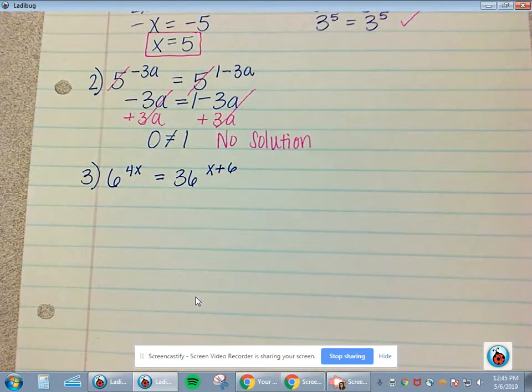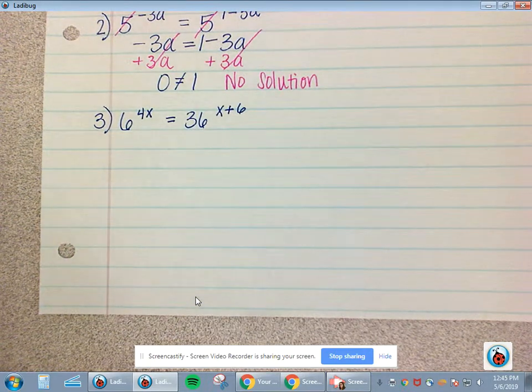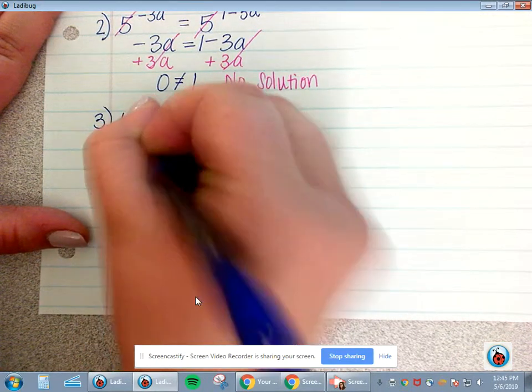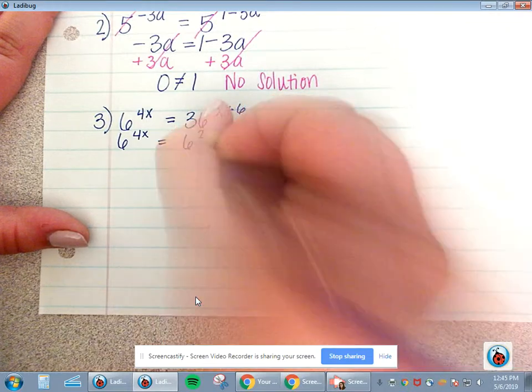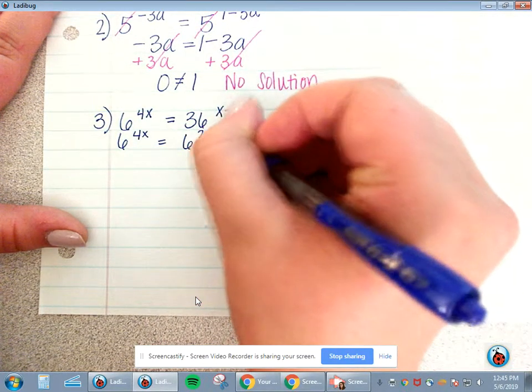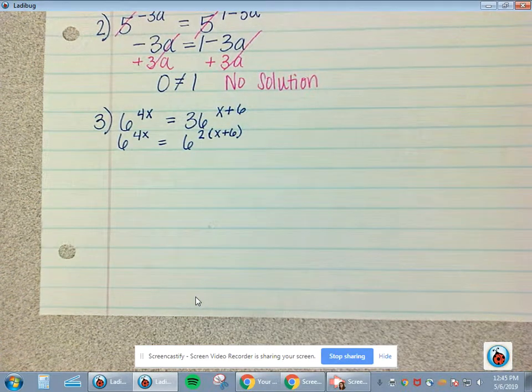Notice this one does not have common bases, but you might notice there's something in common with 6 and 36. 36 is 6 squared. So I'm going to rewrite this as 6 squared, and then this x plus 6 will just tag along as part of the exponent that I'll have to multiply in.